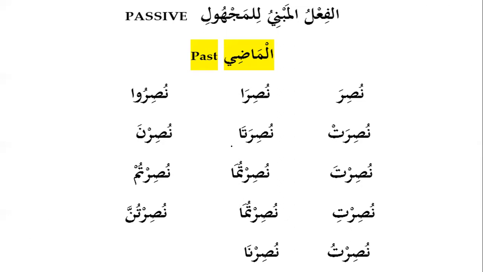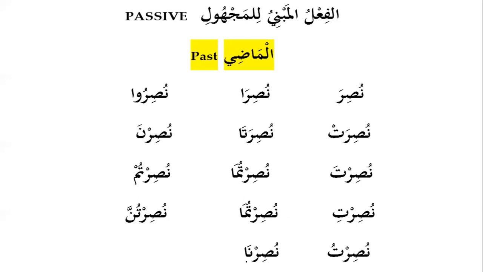So it's like nusira, nusira, nusiru, nusirat, nusirata, nusirna, nusirta, nusirtuna, nusirtum, nusirti, nusirtuma, nusirtunna, nusirtu, and nusirna. It takes less than a minute, in fact, 20 to 25 seconds. So similarly, you can do now doriba, you can also do sumia, and you can also do the rest of the verbs, utila, whatever verb you take.